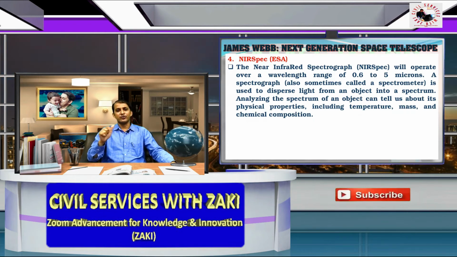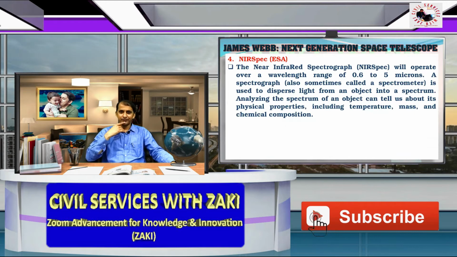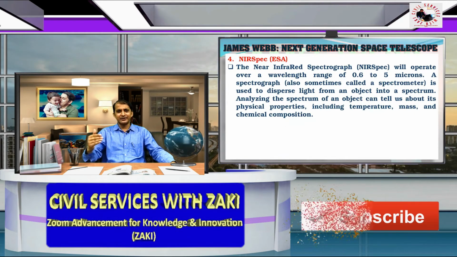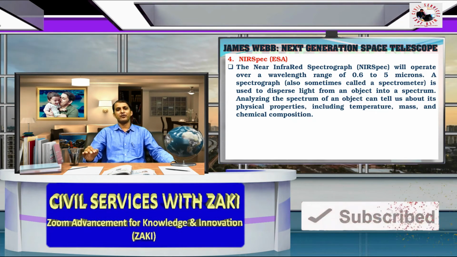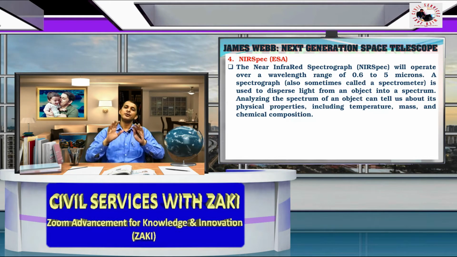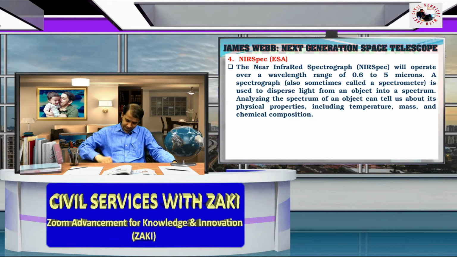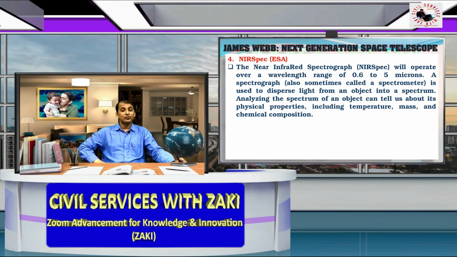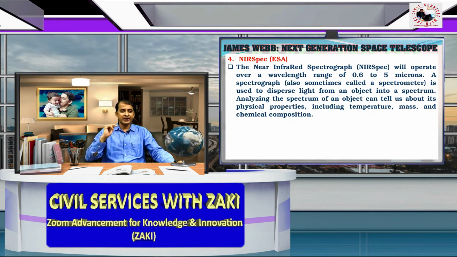It is used to split the light from a distant object into a spectrum. Analyzing the spectrum of an object can tell us about its physical properties, including temperature, mass and chemical composition of any object in the universe. That is all four major instruments installed in the James Webb Telescope.